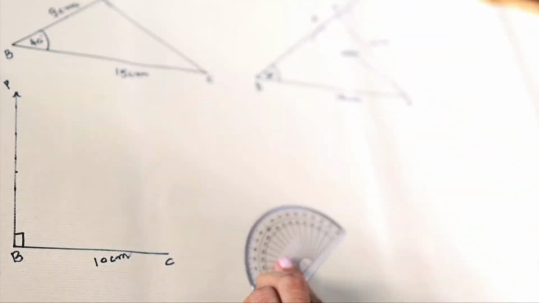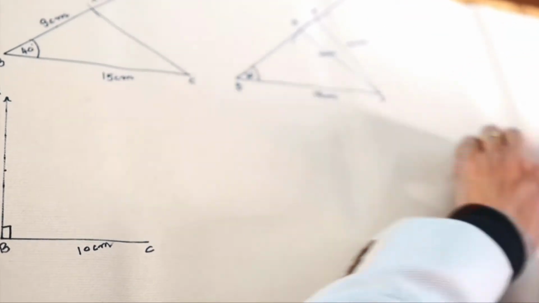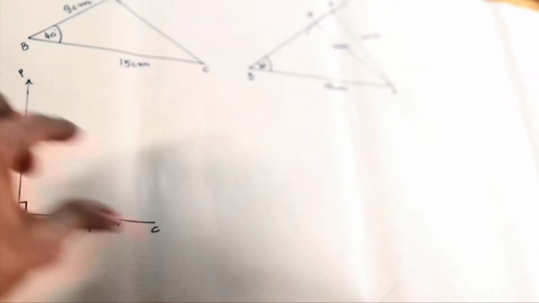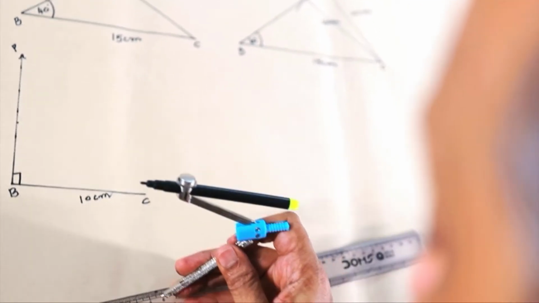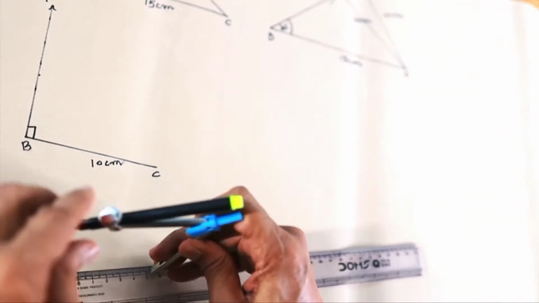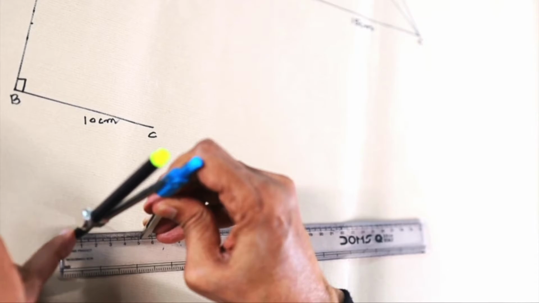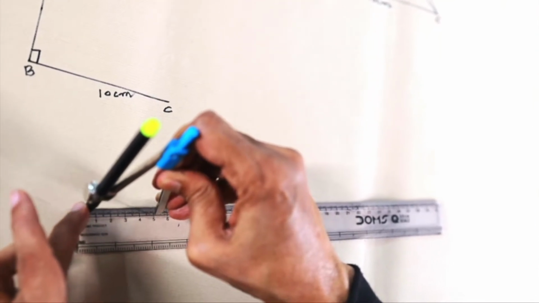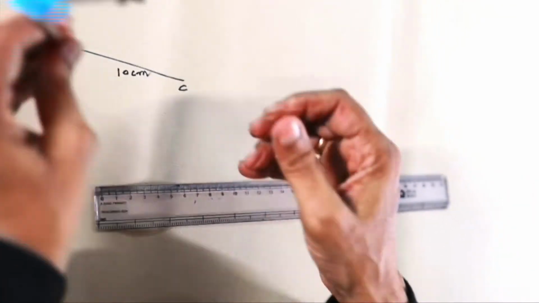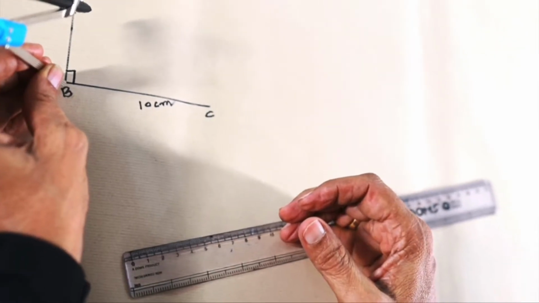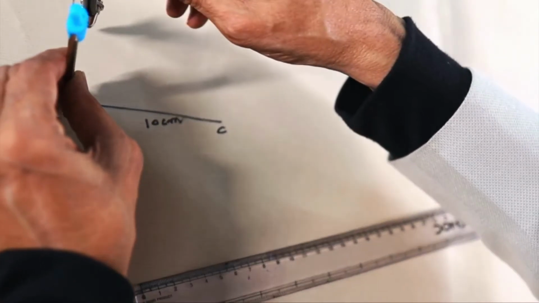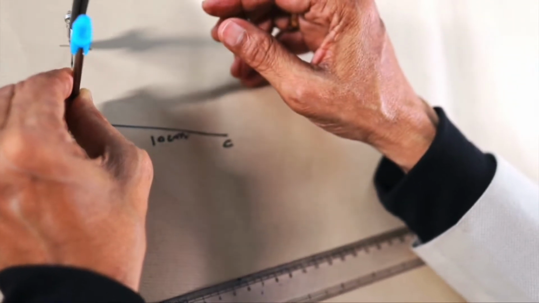Okay, let us take compasses and say this length AB is say 5 centimeter. Okay, so let us measure 5 centimeter using compasses. With B as center, let us cut this ray BP.